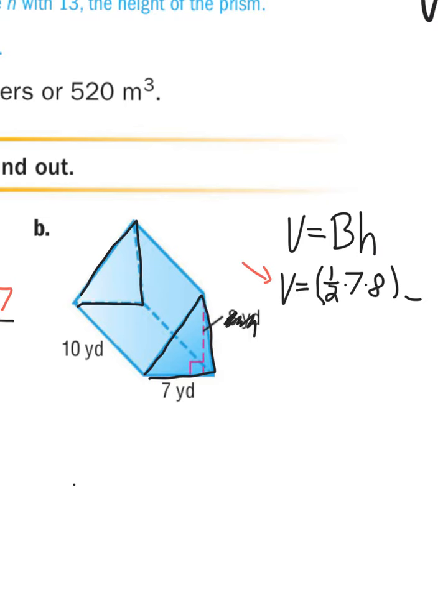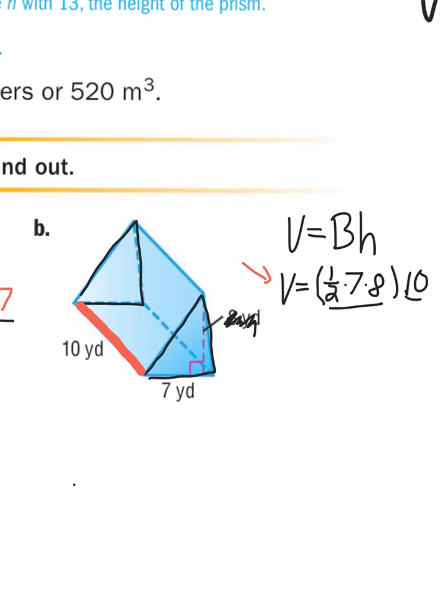Remember, that's only for the triangle. The height of the prism is going to be the distance between the two triangles. So that's going to be this right here is the height. And that's going to be 10. So that should go in here. A lot of people focus so much on the parentheses, they forget about that 10 outside there. Okay, if you had those numbers in the right spot, then you pretty much know what you're doing.